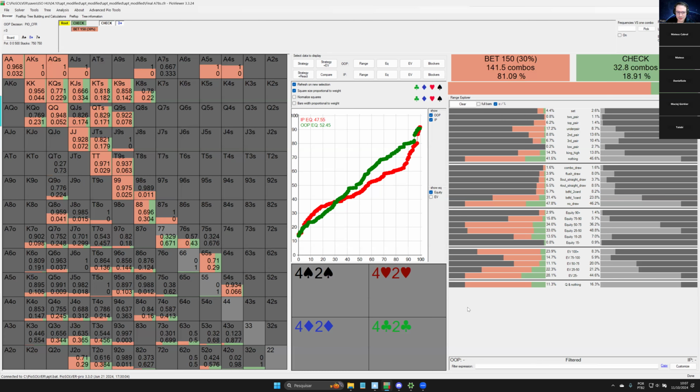We saw some adaptation versus players that actually don't have the pocket eights, pocket nines, and so forth in their turn starting range on that board, right? We saw that the blank cards were way more aggressive versus the players that don't have those cards, and the high cards were quite a bit worse than in equilibrium, right?